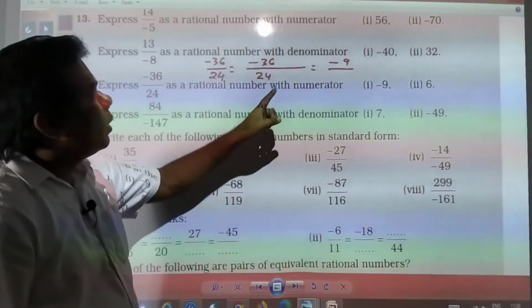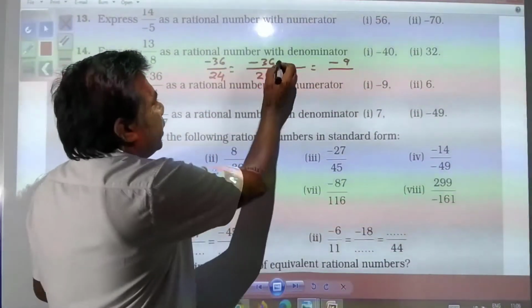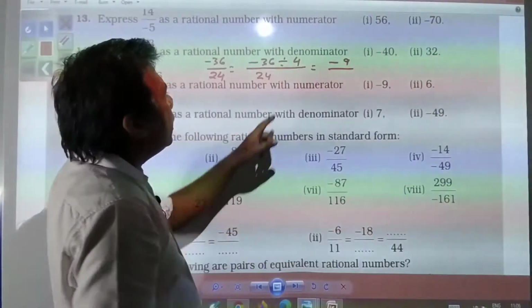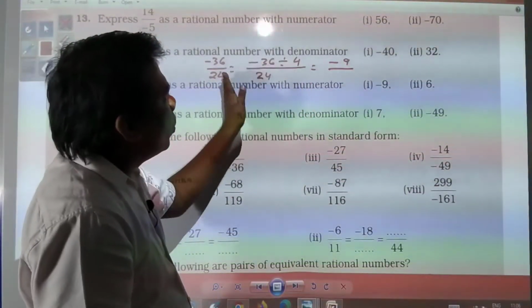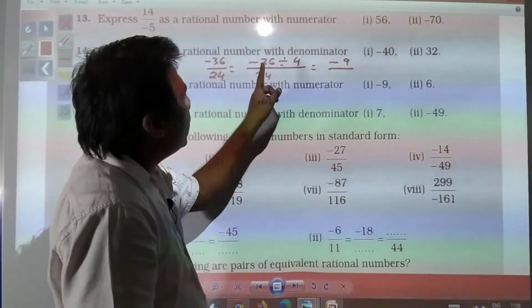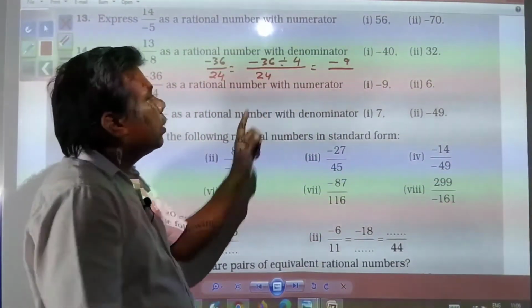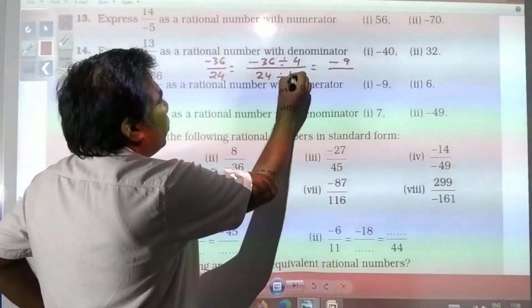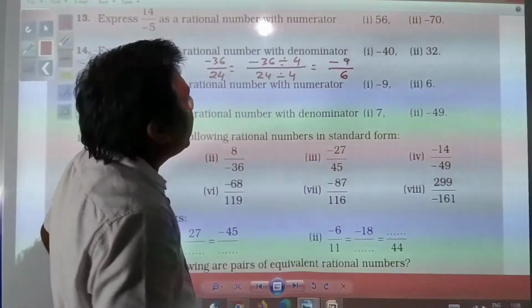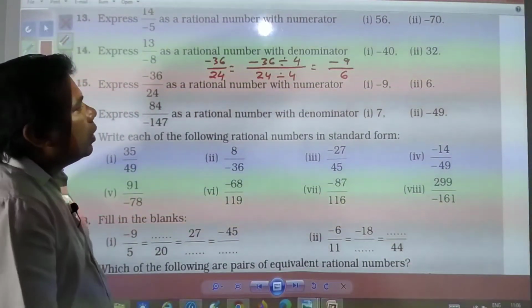So just you see what number will be required to be divided. You see 9 fours are 36, or if you don't know, just you divide this number by 9. 9 fours are 36, like that we will write. So just you see here you will write 4 and you will get 6. So minus 9 by 6 will be your answer.